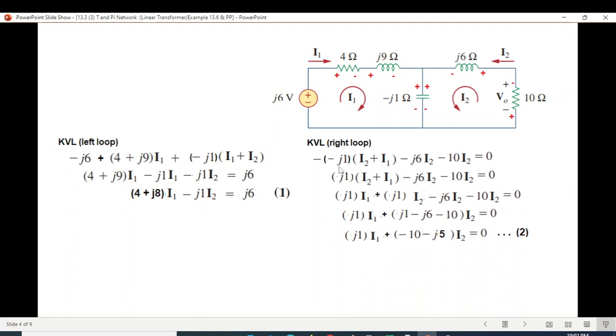Now the second loop, or the right loop, again we'll follow the same technique of writing KVL. I start from the left corner, you may follow any other technique.